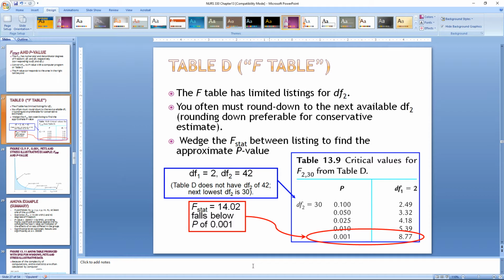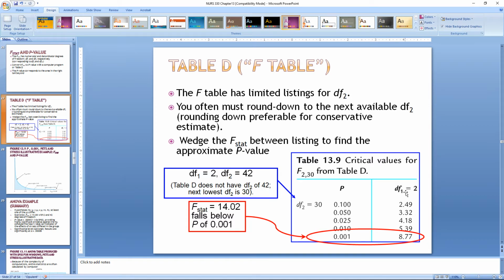Now we have to find out where the probability matches up. And if you look at the table, or look here on the screen, you see an FSTAT of 14.02 falls below the p-value of 0.001. So if you look, here's our p-value at 10%, 5%, 2.5%, 1%, and 0.1%, so less than 1%.